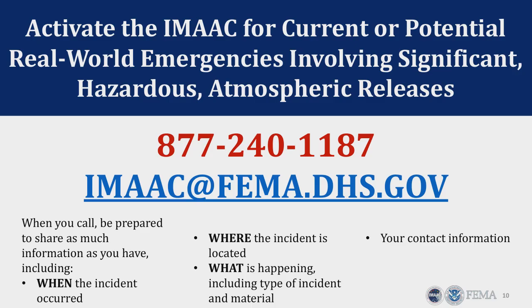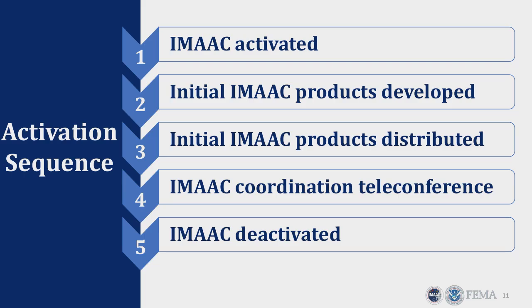Let's move to slide 11. So, in terms of how do we activate? Once somebody calls that 877 number and says, I'd like to request an IMAC activation, then we go into production mode. We take down all the information, ask all the right questions, and once we hang up the phone, we initiate product development.